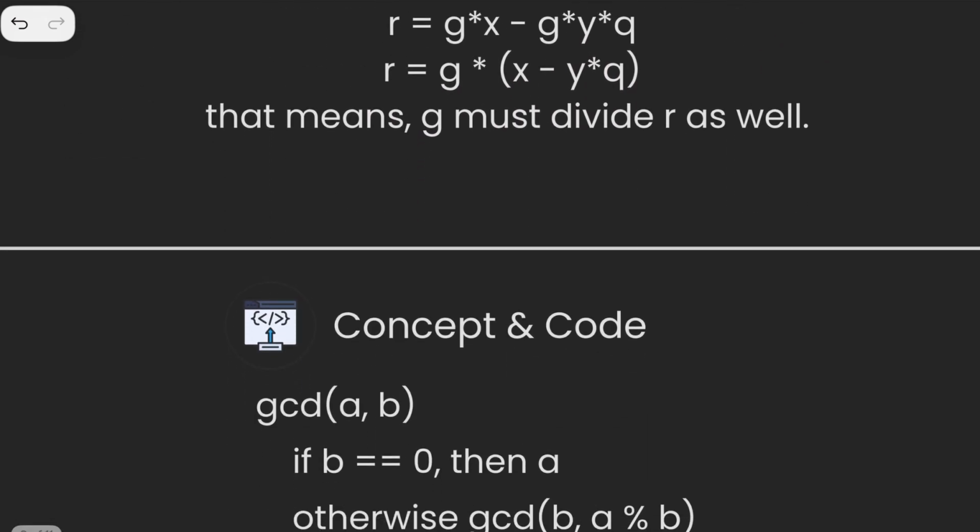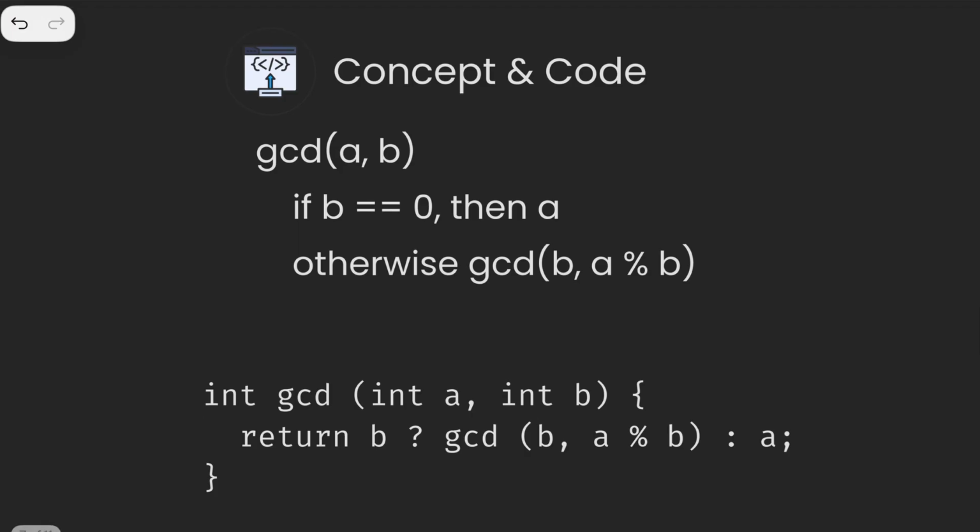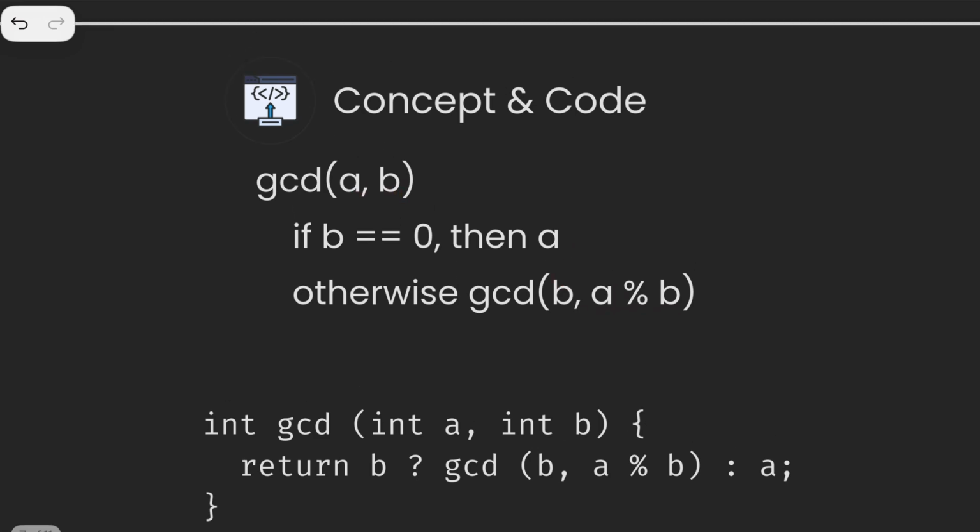And this proof leads us to this particular recursive solution. GCD of A comma B, if B is equal to 0, then it's going to be A. Remember, by the definition we discussed earlier, if any one of them is 0, then the non-zero value will be the GCD. Otherwise, if B is not equal to 0, then you have a recursive call to the same function where A becomes B and B becomes A mod B. Why?